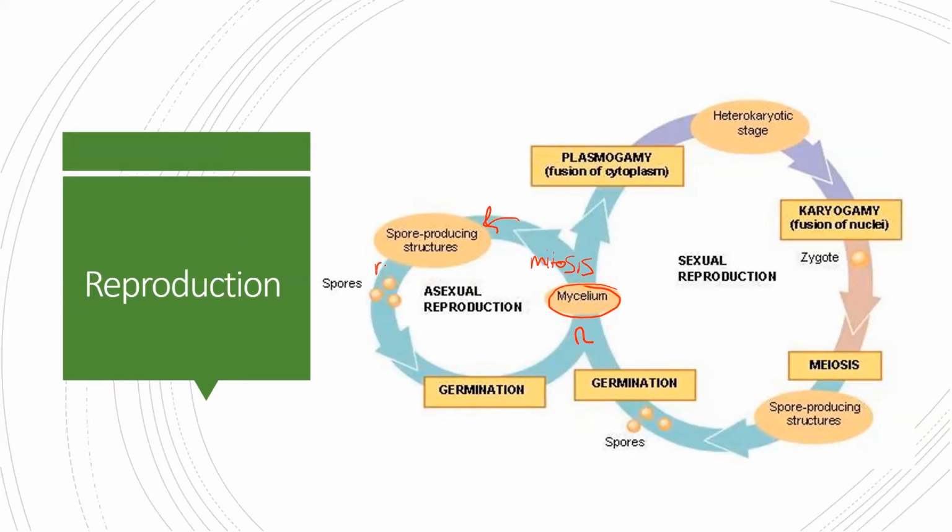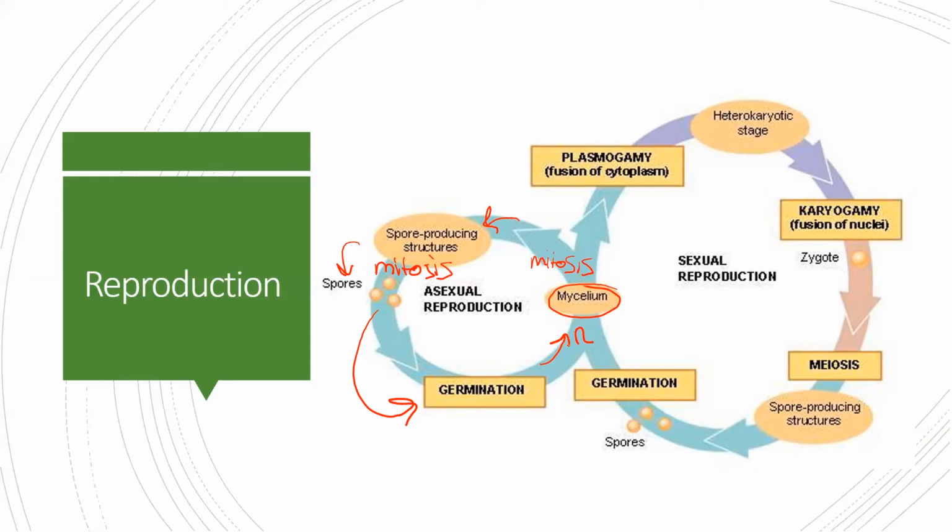Those structures, again, are still going through mitosis to produce spores that are genetically identical to the parent organism or parent fungi. Those spores are then going to be released, land somewhere, germinate, and then grow through mitosis to be a mycelium again. So that's the basic asexual style of reproduction.